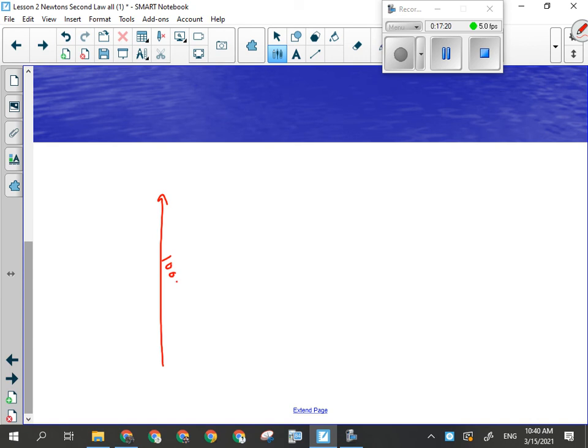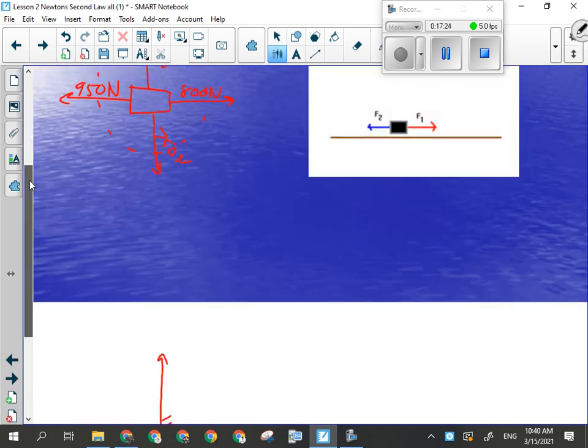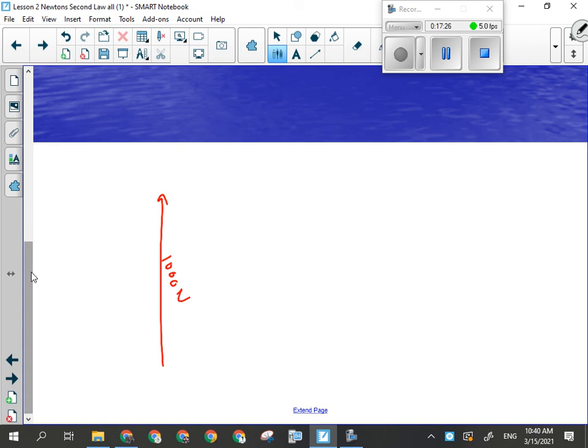So I had the 1,000 newtons going up. I had 800 going this way. And then I had 750 going down.